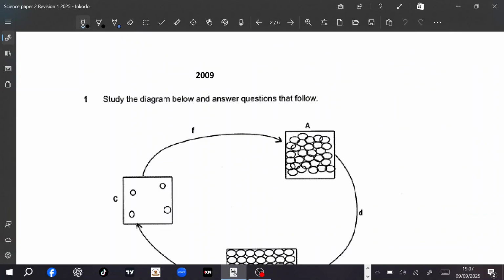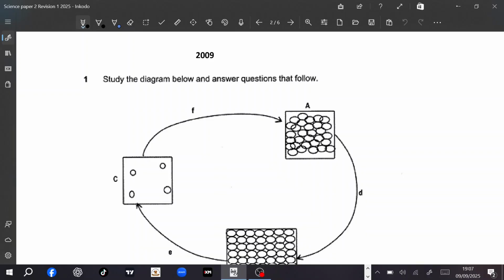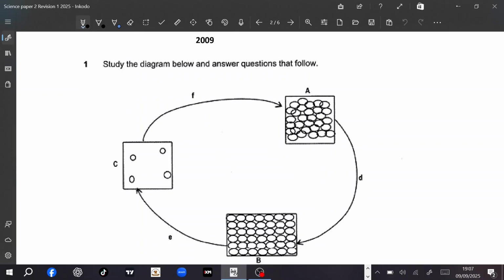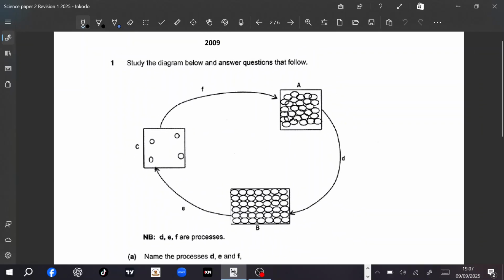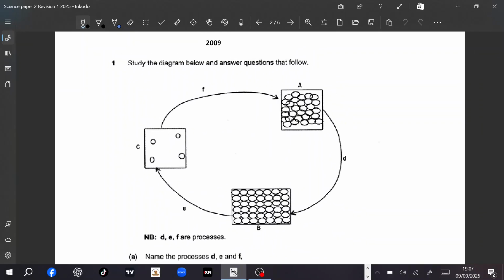So the next question was picked from the 2009 paper. The question said, study the diagram below and answer the questions that follow. So you study this diagram. In your study, you have capital A, capital B, capital C. Let me circle them.